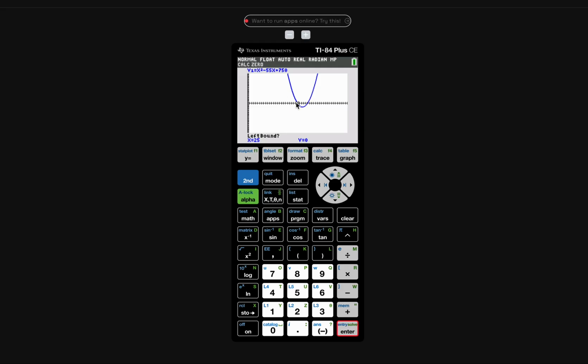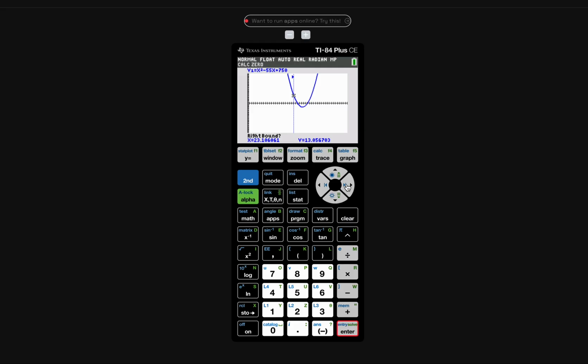So there's 2 x-intercepts or 2 zeros. I'm going to pick the left one first, or it could be the right one, it doesn't matter. So for left bound, that means that we just move this cursor to the left of this zero. We just ignore this one. We move this to the left of it, and then we hit enter.